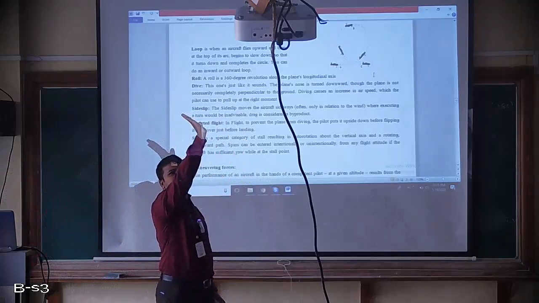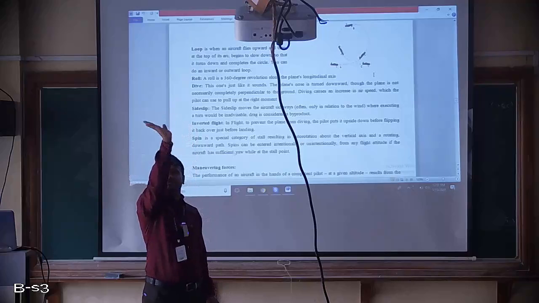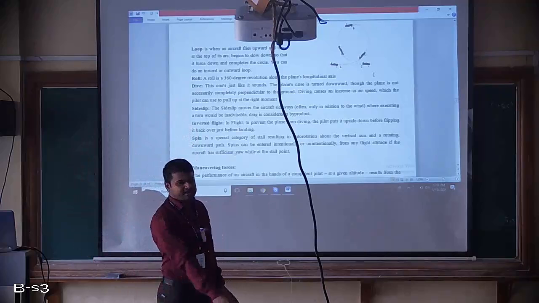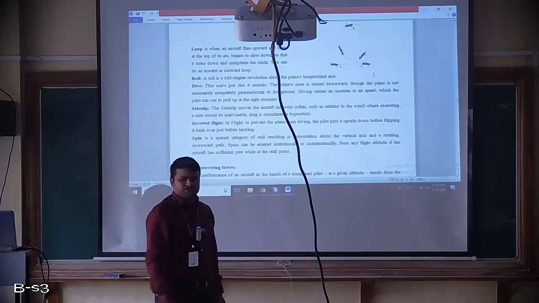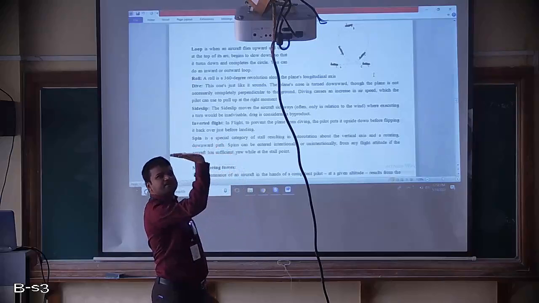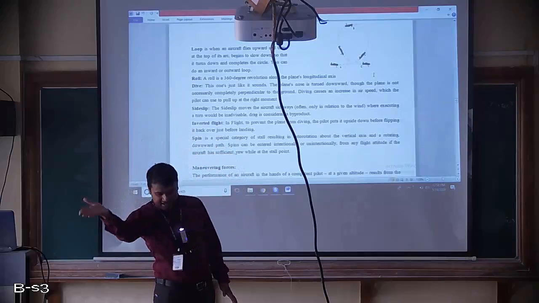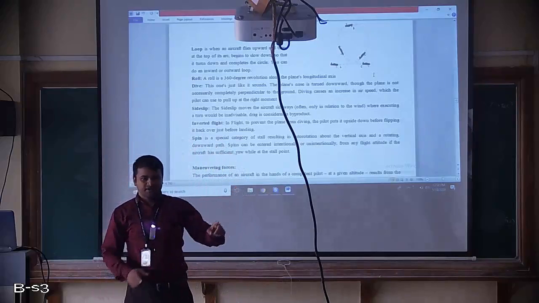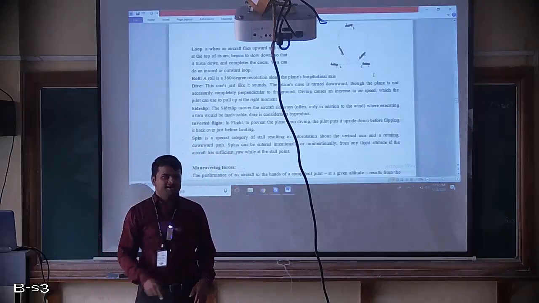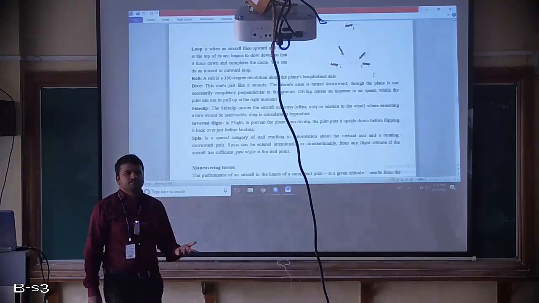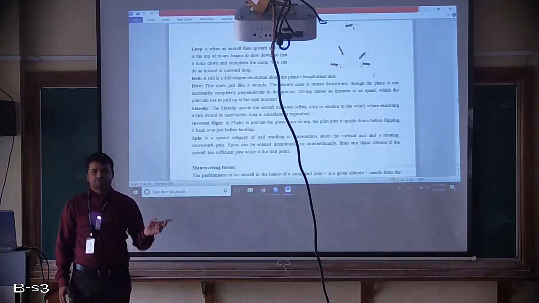Suddenly it will take a turn, then it will slow down its speed so that it can come back and complete one circle. So this is called one loop. It climbs, goes into inverted flight, then comes back and completes the circle, creating a loop. It may be inward or outward, based on how the circle looks.